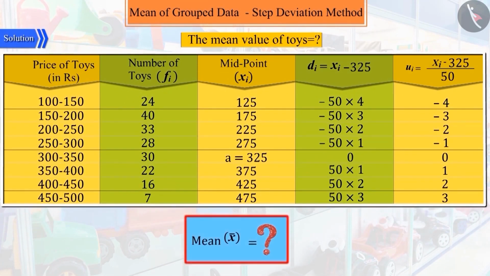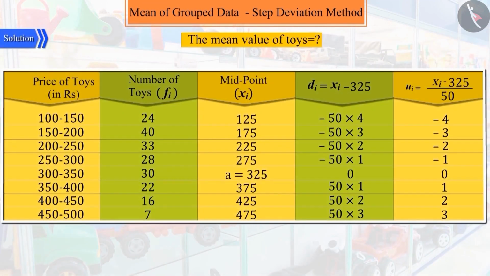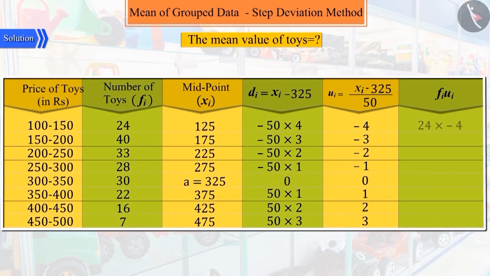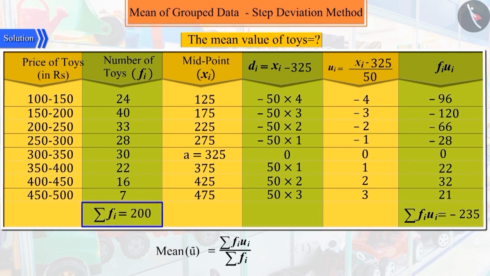Since we have to find the mean, can you tell what we will have to do to proceed? Very good. Now we multiply each ui by fi, and get the sum of their products, and divide them by the sum of their corresponding frequencies.